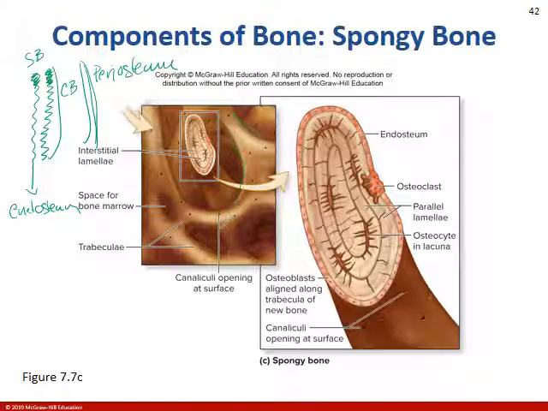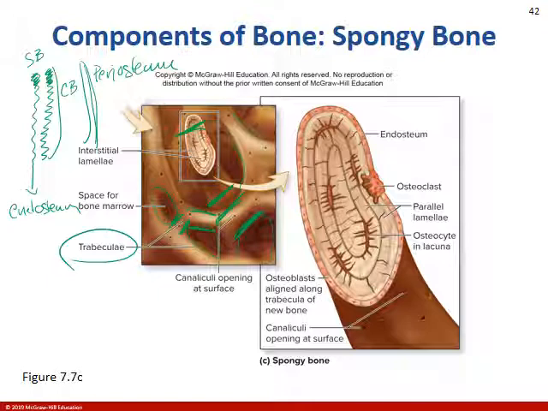How do I know it's spongy bone? Well, we have these pockets or these spaces that kind of look like holes. And then here's where the trabeculae come in. These bars, these kind of like cross bars that form in between the spaces or the holes. Those are the trabeculae. So what they're saying is if I came in here and I cut a piece off, if I took trabeculae and I cut it in half or did an oblique section, this is what you would see.